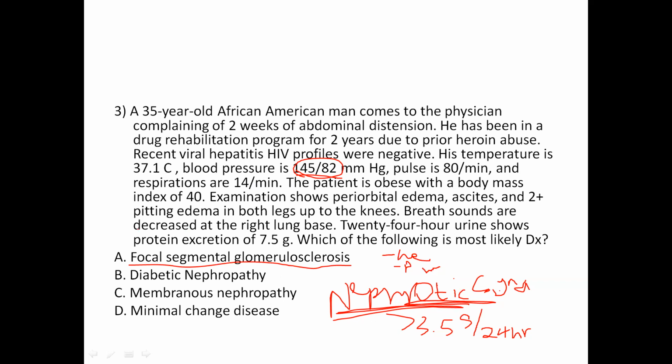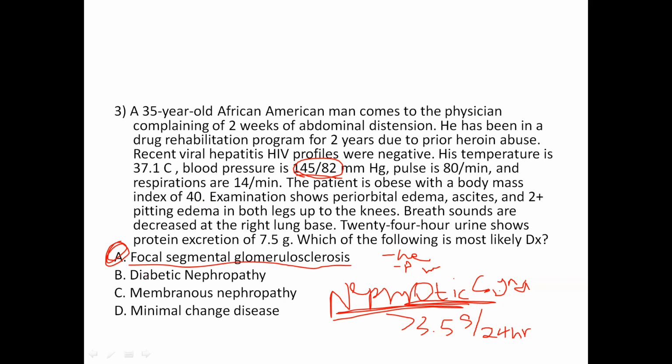So definitely this is an answer, because in addition to causing nephrotic syndrome, the secondary causes of focal segmental glomerulosclerosis are associated with heroin use, morbid obesity, and also hypertension. So definitely A is an answer.